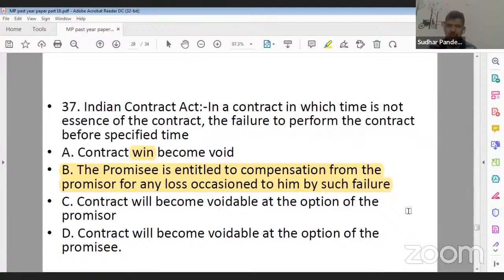That is what this statement is saying. In a contract where time is of the essence, automatically the contract will become void if the duty has not been performed within that given time period. But on the other hand, where time is not of the essence, the contract will not become void or voidable, but the other party can definitely seek compensation for whatever loss that party has suffered.